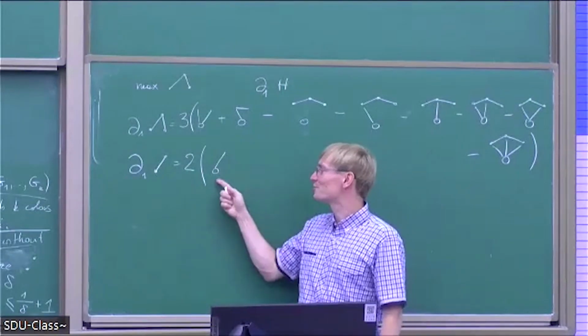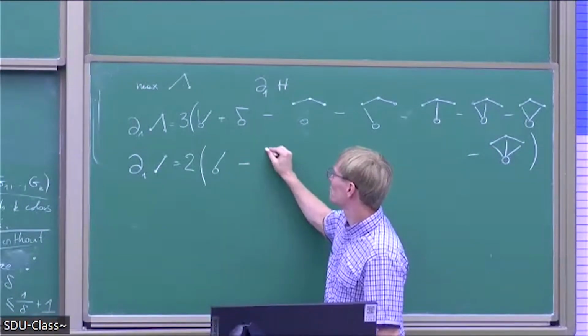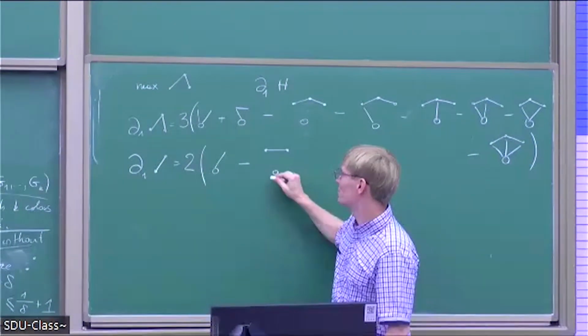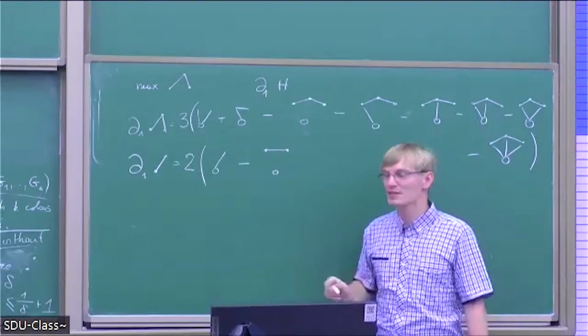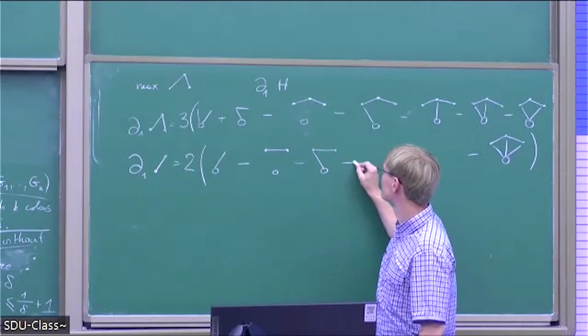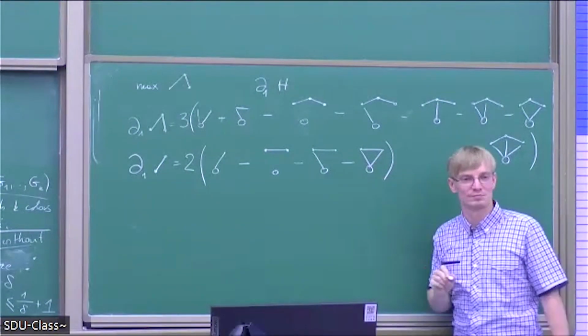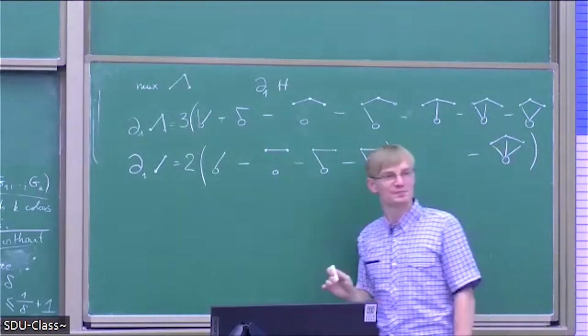This is the density of edges containing my fixed vertex. And I want to compare it with the density of edges outside my rooted vertex. So I subtract all possible options.